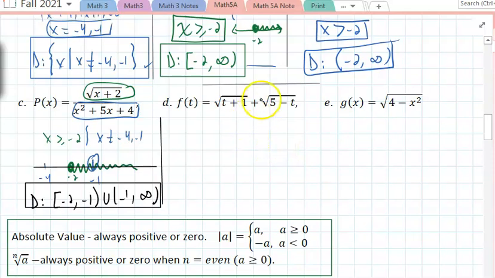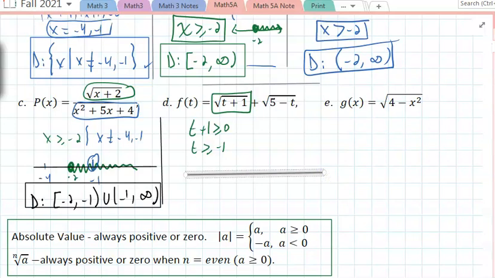Here, if I look at this, well, I see two things. Well, let's see. The first function, the quantity underneath that radical must be bigger than or equal to 0, so t must be bigger than or equal to negative 1. On a number line, again, I could see that. I want t to be bigger than or equal to negative 1. And as for this radical, I want 5 minus t to be bigger than or equal to 0.